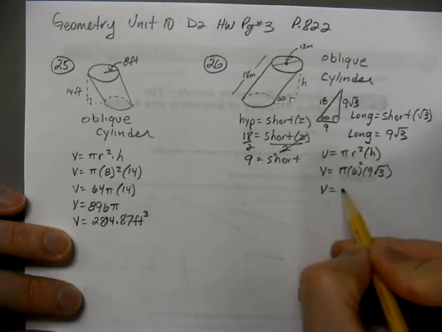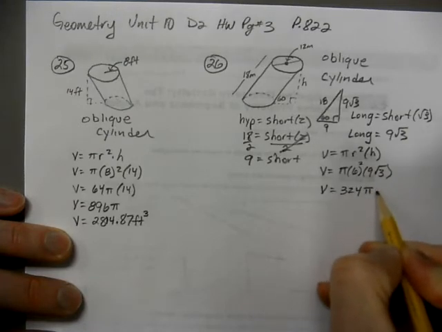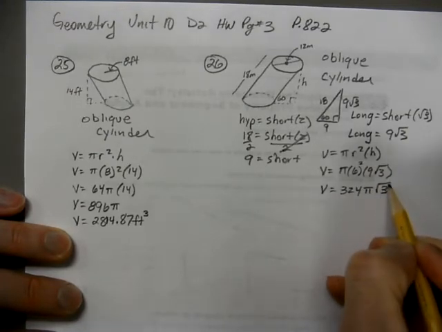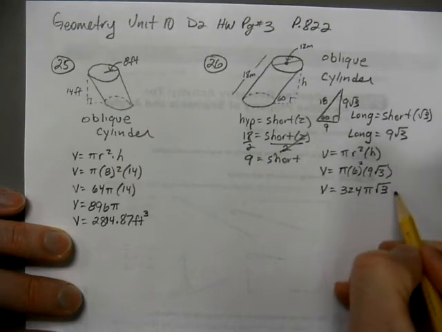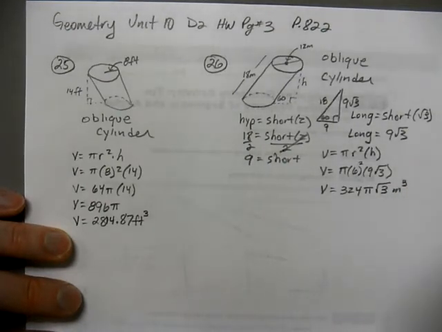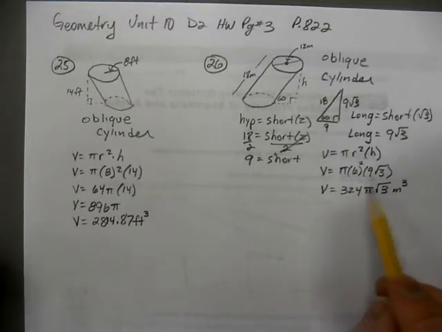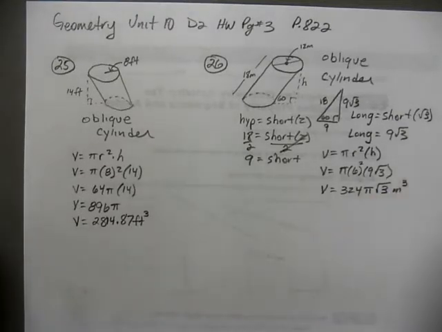So 36 times 9 is 324 pi root 3. These are meters cubed. To be an exact answer, you would leave it in this format.